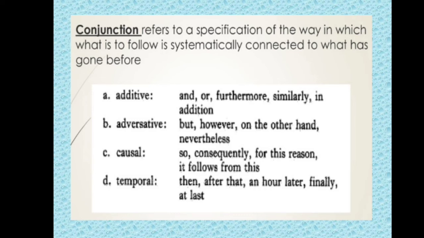There is but, however, on the other hand, nevertheless. The third one is clausal. There is so, consequently, for this reason, it follows from this. And the fourth one is temporal. There are then, after that, an hour later, finally, and at last.